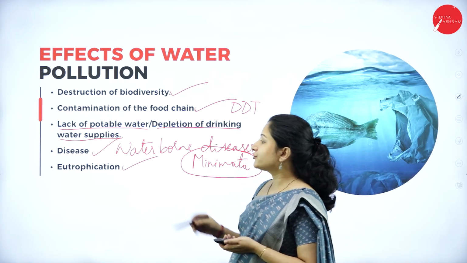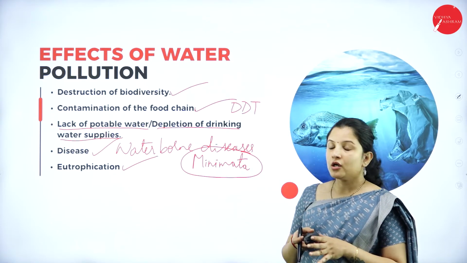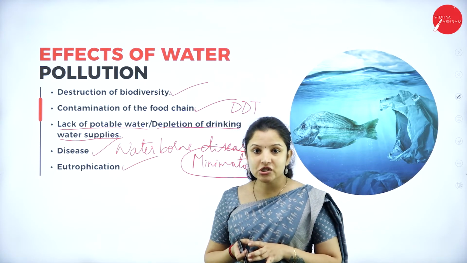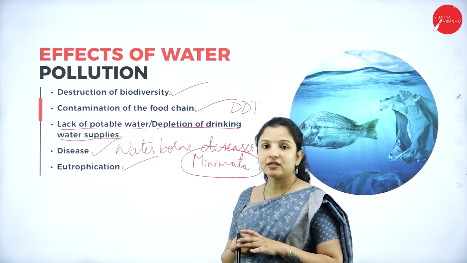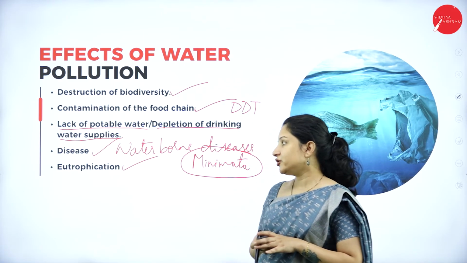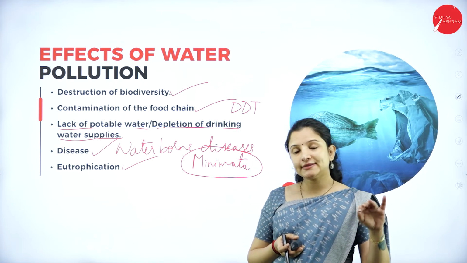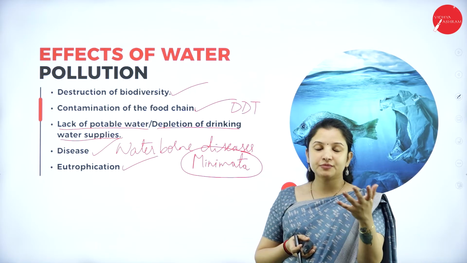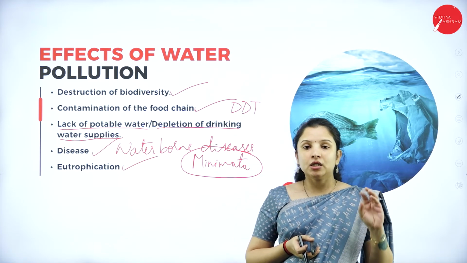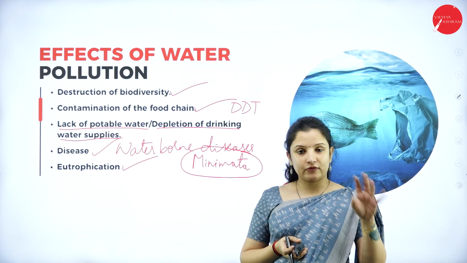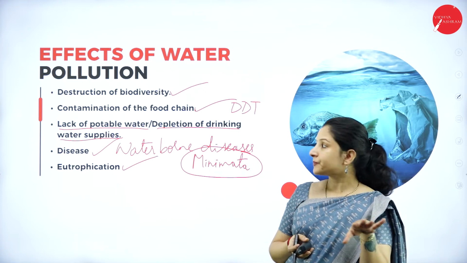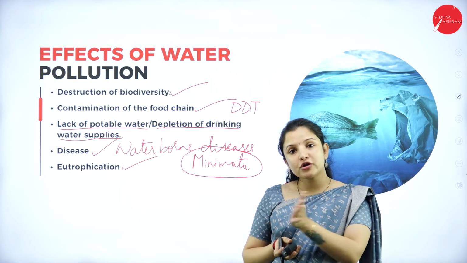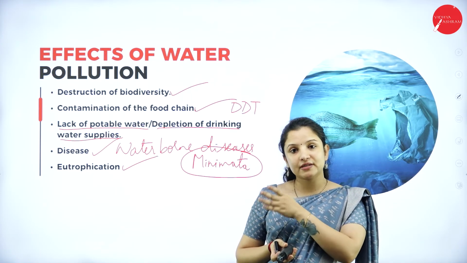Next, it can cause eutrophication. So what is eutrophication? Eutrophication is nothing but the dirtying of the water because of especially the agricultural waste entering into water. Say, for example, there is an agricultural field, and near the agricultural field there is a small river or a pond. Now, whatever chemical fertilizers are added to the agricultural field, when there is heavy rain, that chemical will get washed off into the nearby rivers and lakes.